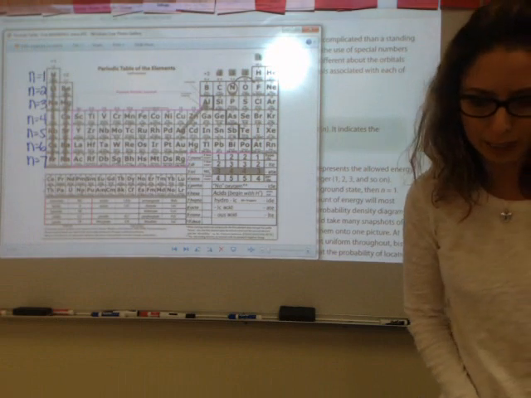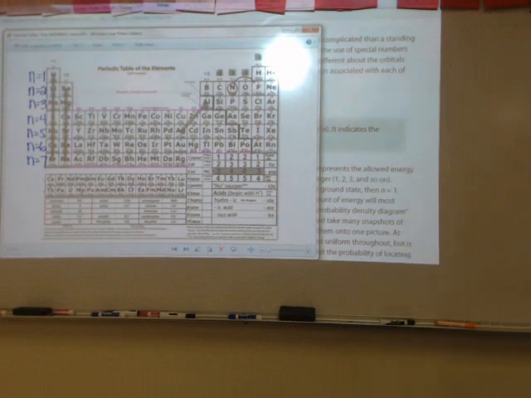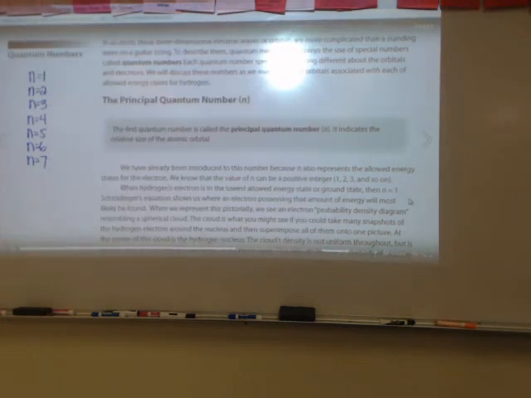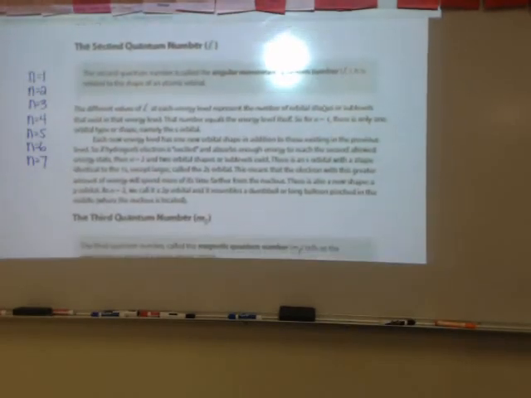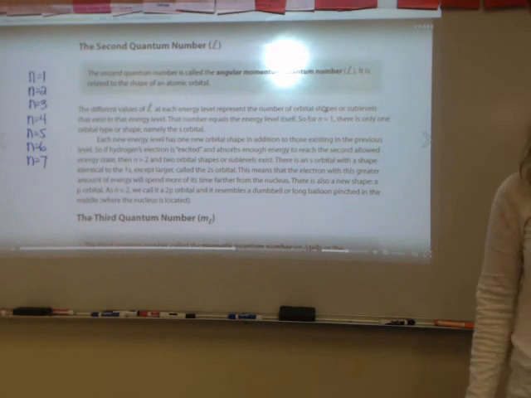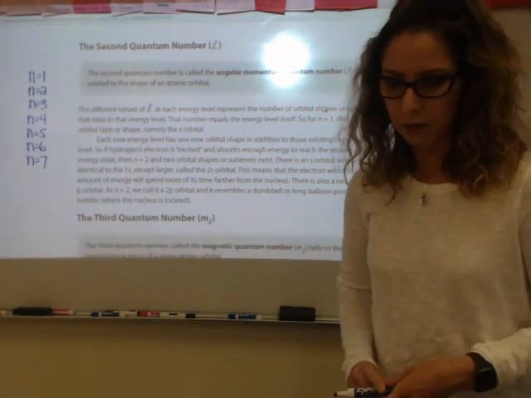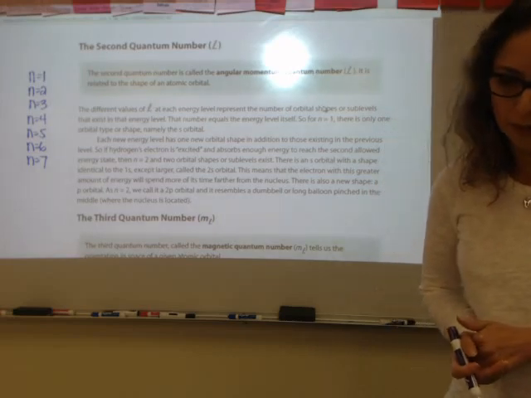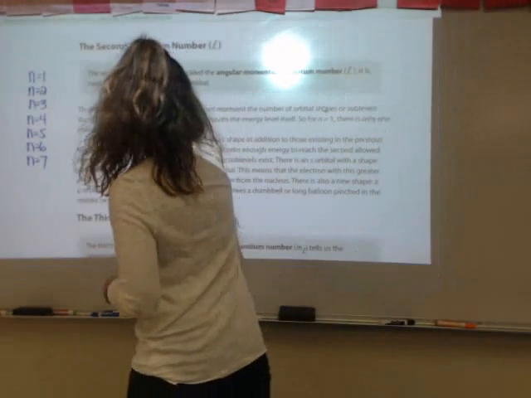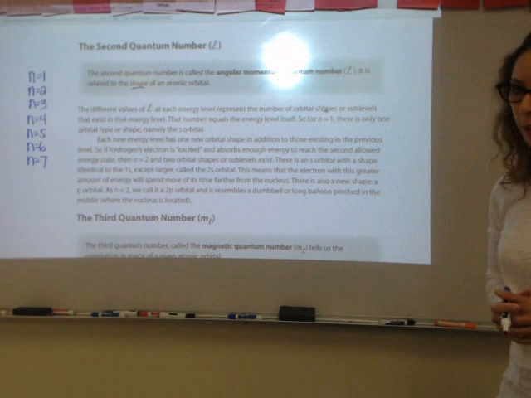And if we take a look at the text, and we go on to the next page, we have the second quantum number, which is a script L. This is known as the angular momentum quantum number. And this is related to the shape of an atomic orbital.